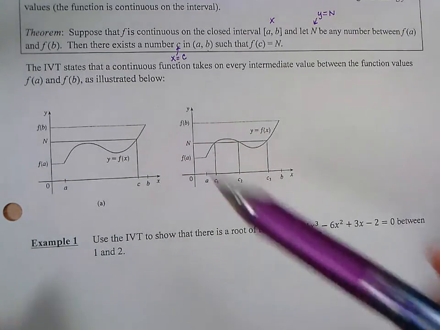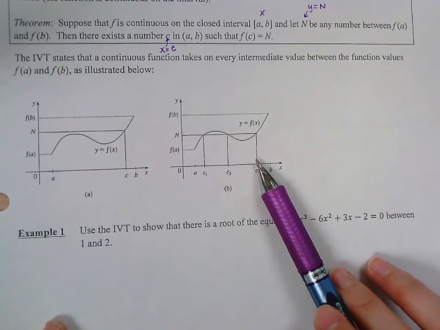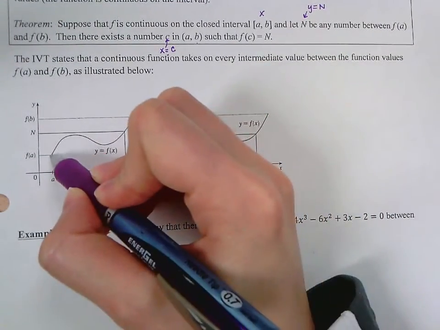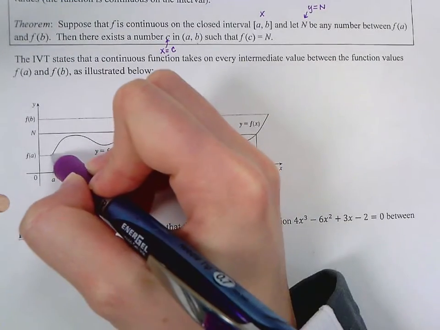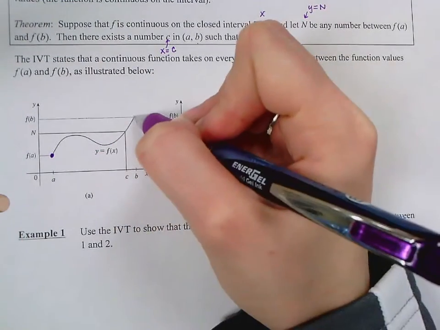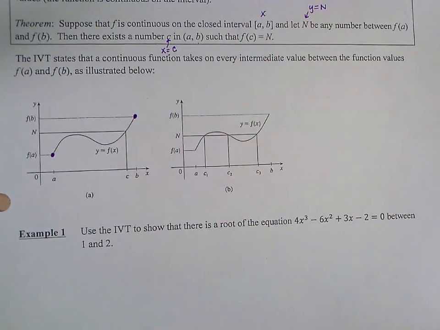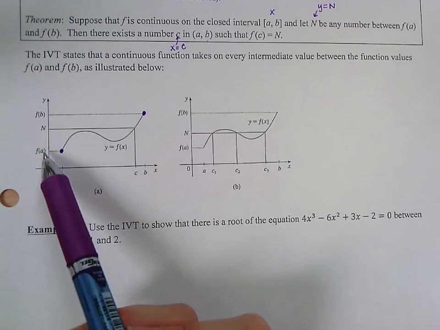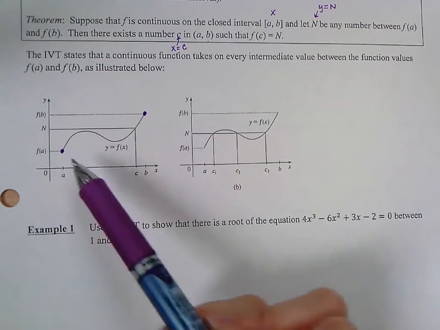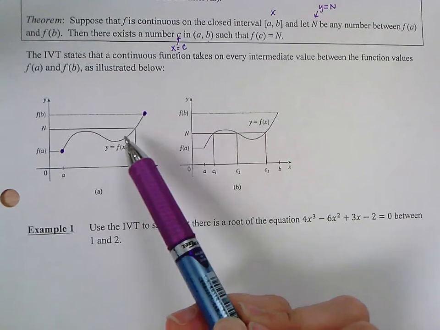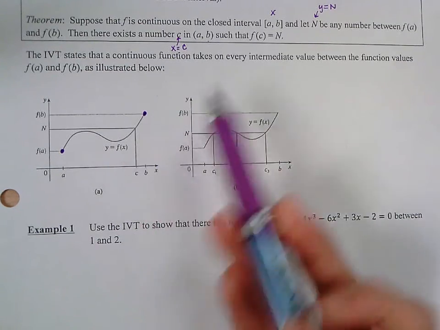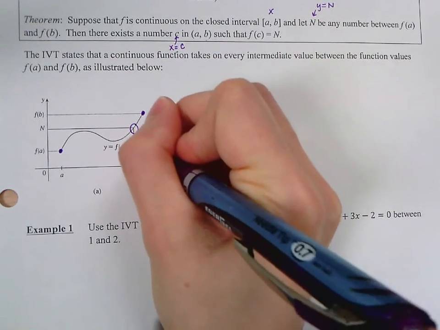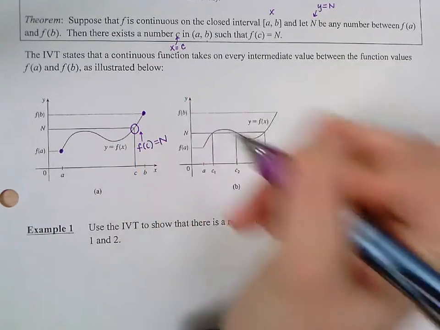Hopefully that makes sense. So here are 2 pictures of this. You have a graph of your function. Here's a to b. Here's f of a. Here's f of b. And notice n is some y value between f of a and f of b. As long as the function f is continuous on that interval, then at some x value c, f of c will equal that y value n.